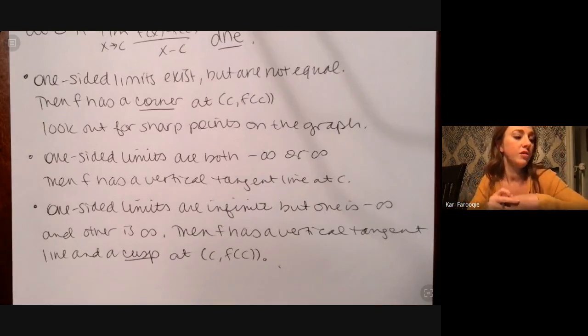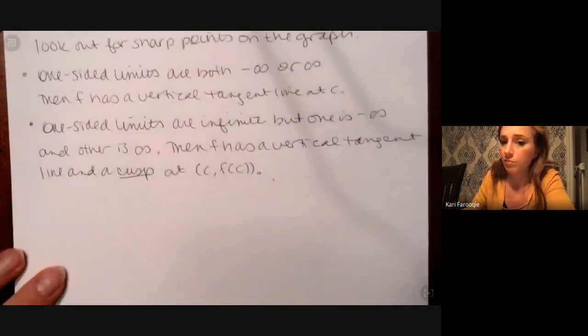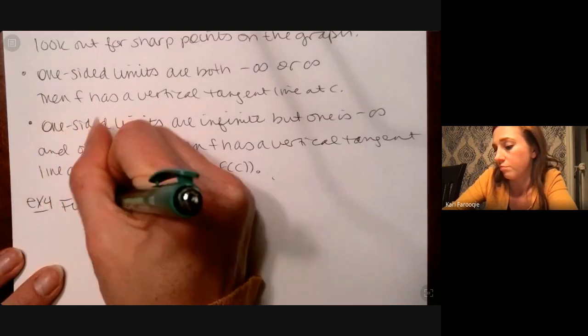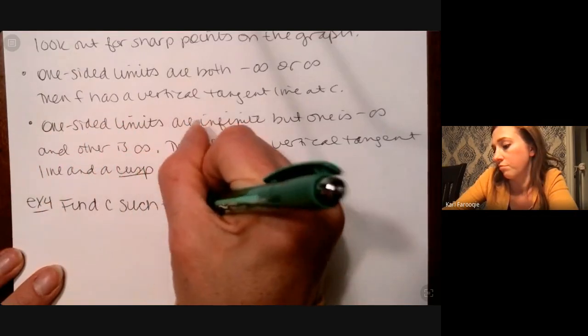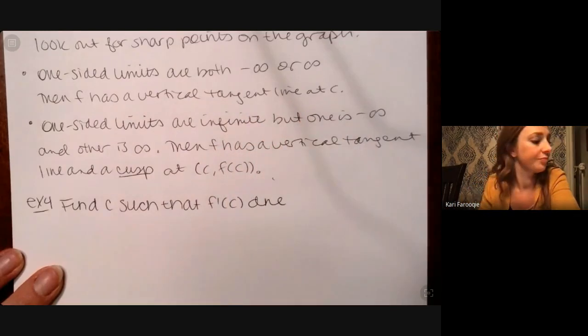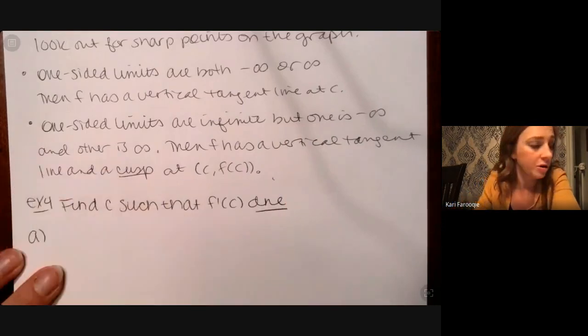Example 4: find c such that f prime of c does not exist. So I'm going to give you two of these.